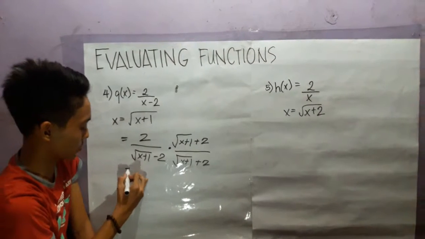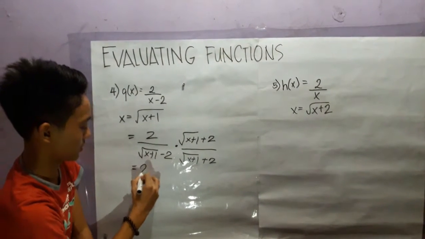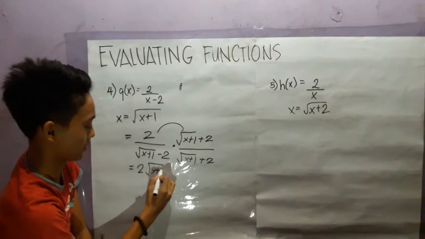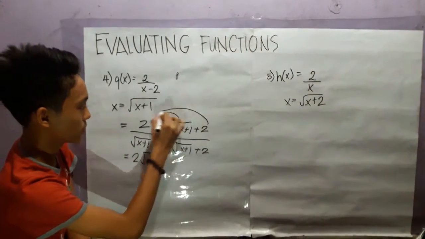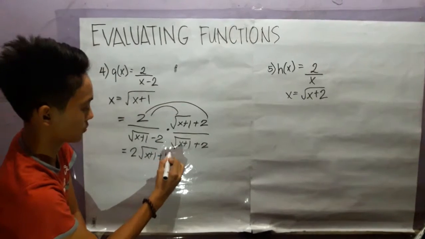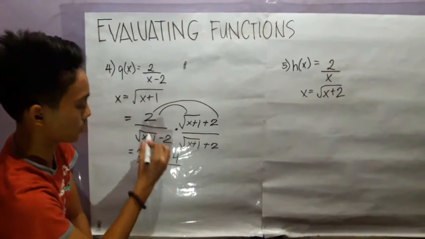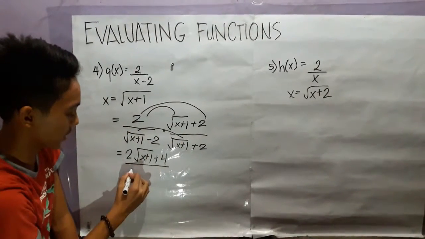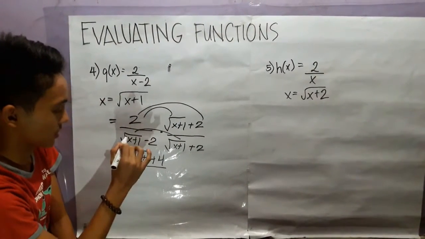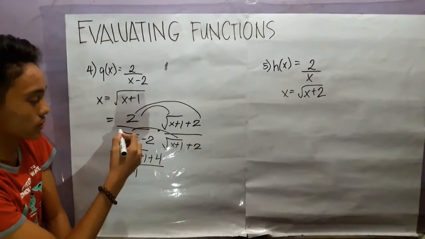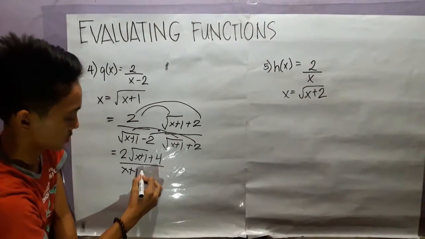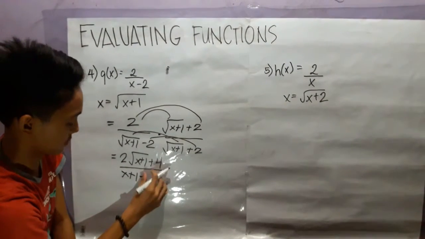Now, we're gonna solve it now. And 2 times 2, 4. Now, to remove the radical sign, magiging ganito na siya, guys. And so, negative 2 times 2 is equals to negative 4.